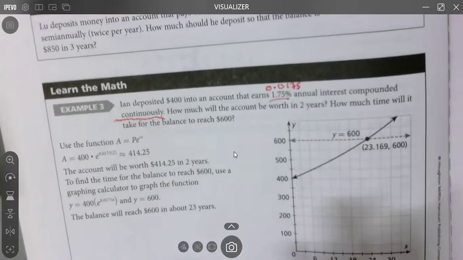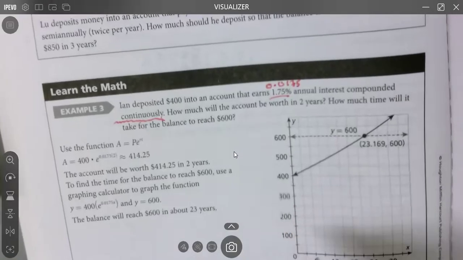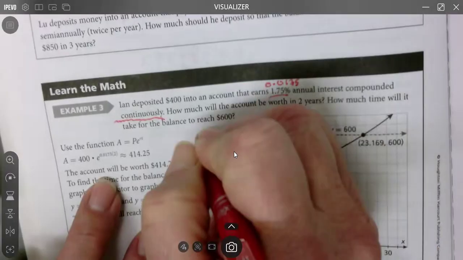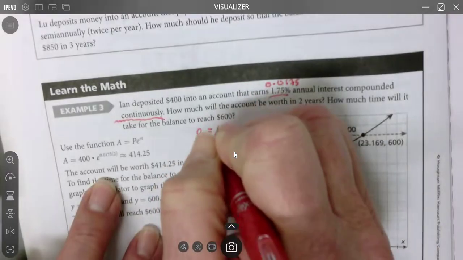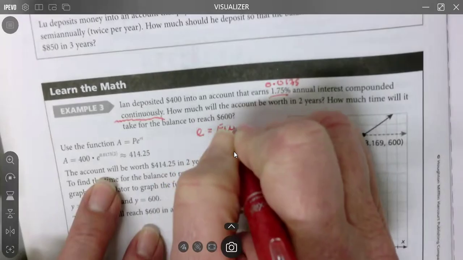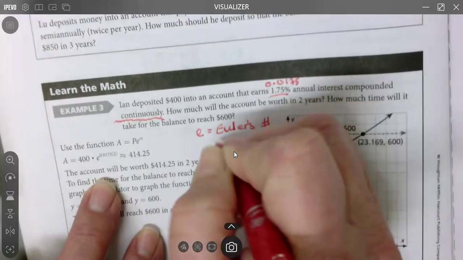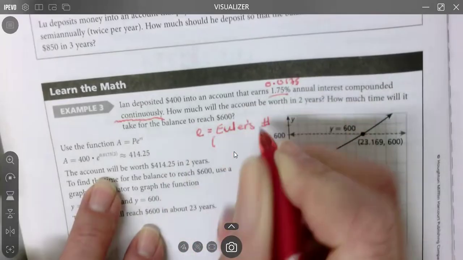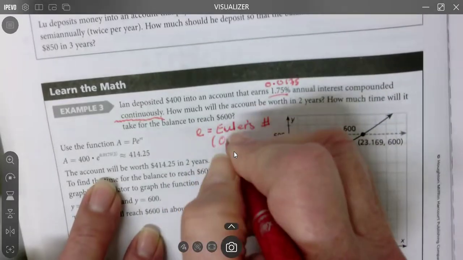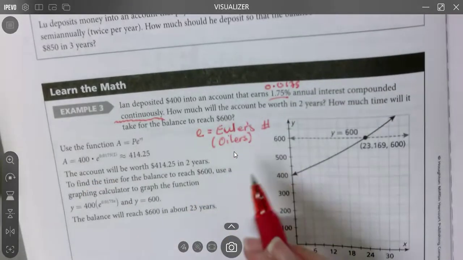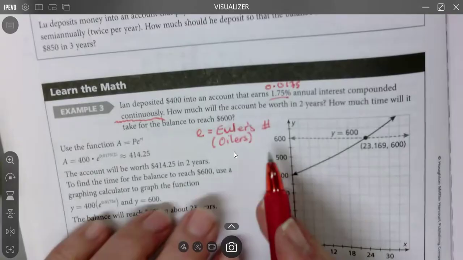And so he got to name the number E after himself. So E is called Euler's number. Okay? So E is Euler's number, and it's 2 point something.